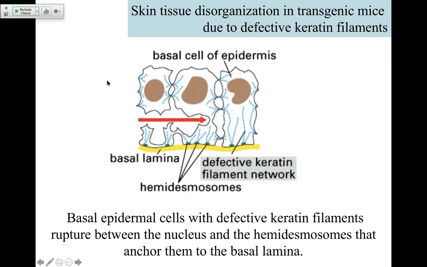And because of that, even though the keratin is trying to bind to the desmosomes, connecting the cells to each other, and binding to the hemidesmosomes, holding the cells in place on the basal lamina, because they're weak, any pressure, any rubbing of this layer of cells will cause rupturing. Rupturing between the nuclear portion of the cell and the hemidesmosomes. The weakest portion of the cell will be ruptured. The cells will break. That will lead to the blistering.